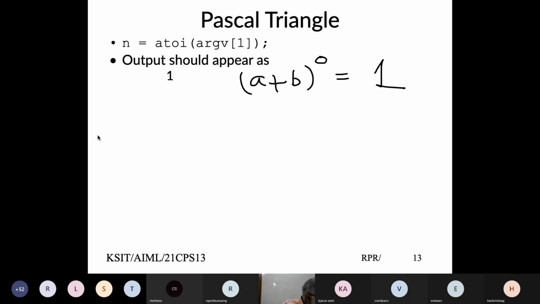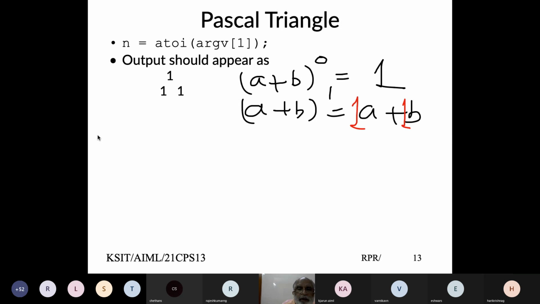If I do a plus b raised to power 1, I get a plus b, this factor is 1, this factor is 1, and it should display 1, 1.